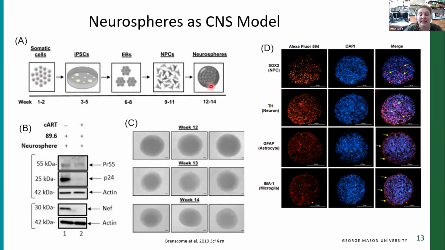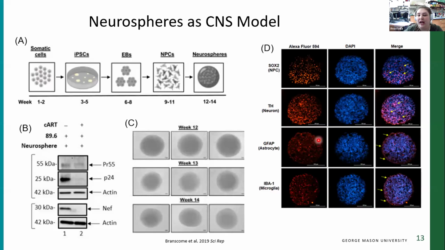These neurospheres contain neural progenitor cells, neurons, astrocyte and microglia-like cells, which you can see in these images, with our neurons shown in this merged pink closer towards the outside, as well as our astrocytes and our microglia-like cells.